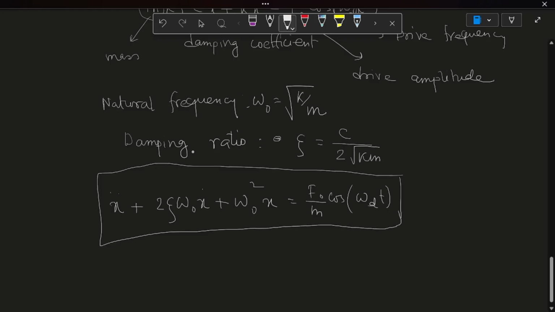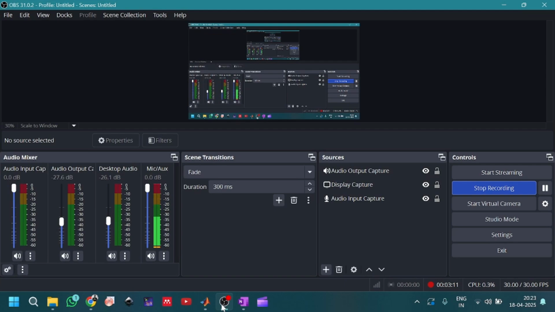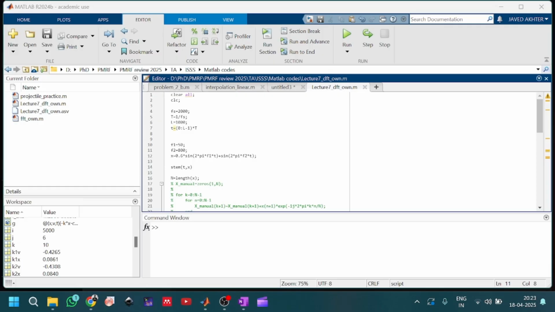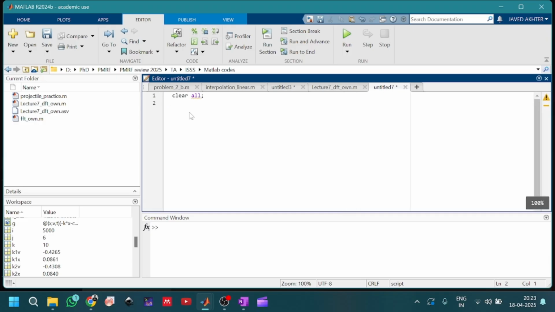Now let us try to solve it and look at the response in the time domain and also in the frequency domain. Okay, so let me proceed. Let me first write clear all, increase the size a little bit, clc.